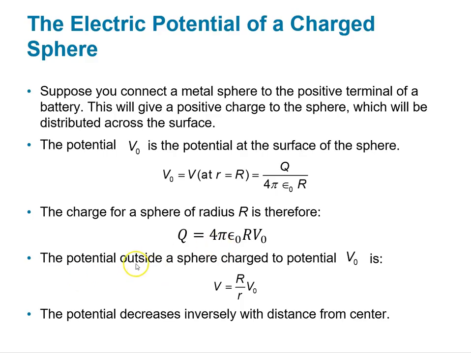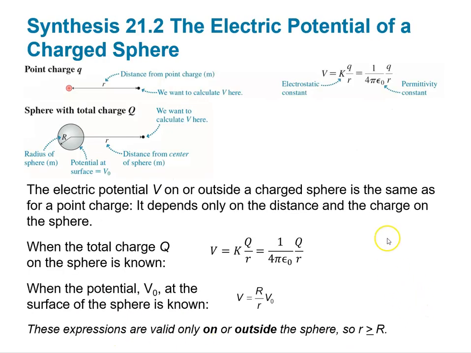And then if you want to look at the potential outside a sphere, so at a certain point away from the sphere, that's equal to the radius of the sphere divided by the distance that you are away, times the potential at the surface of the sphere. So the potential decreases inversely with the distance from the center. So again, uppercase R is the radius of the sphere.